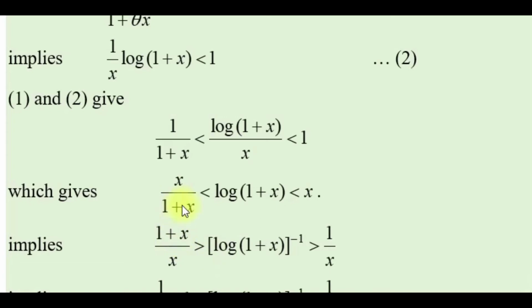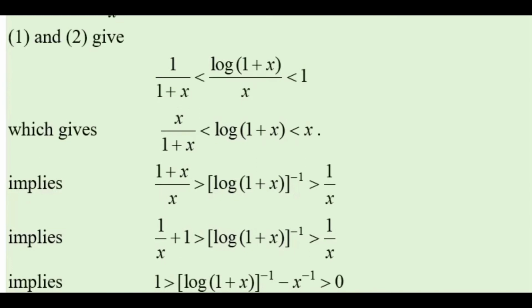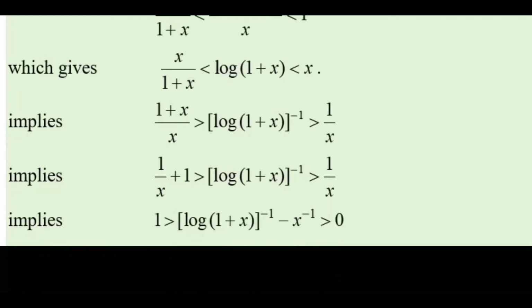So we get the reciprocal of x/(1 + x), which is (1 + x)/x, greater than (log(1 + x))^-1, greater than 1/x, which can be written as 1/x + 1 > (log(1 + x))^-1 > 1/x, which implies 1 > (log(1 + x))^-1 - x^-1 > 0, as desired.